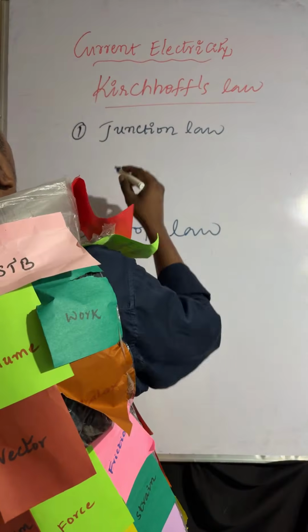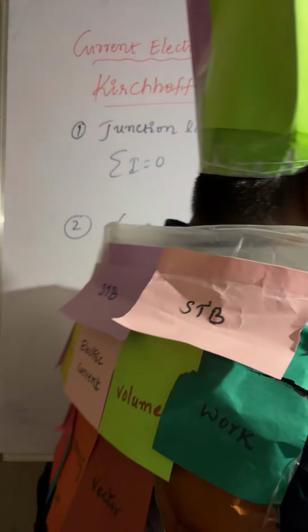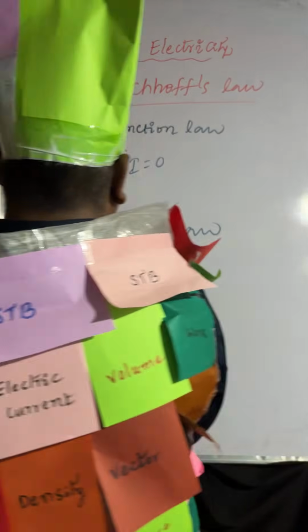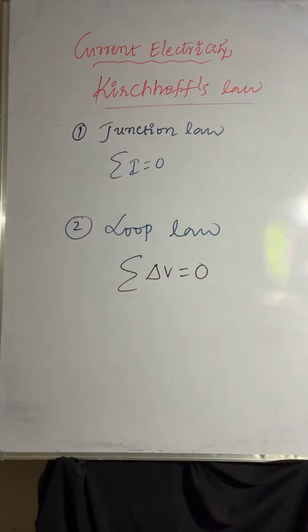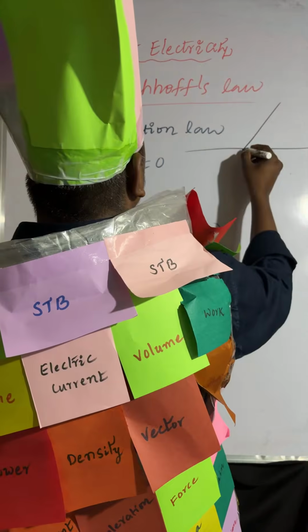Junction law: the algebraic sum of all the currents meeting at a junction is equal to 0. And coming to the loop law, the algebraic sum of all the potential differences in a closed loop in a circuit is 0. Understood? So here, this is a junction.